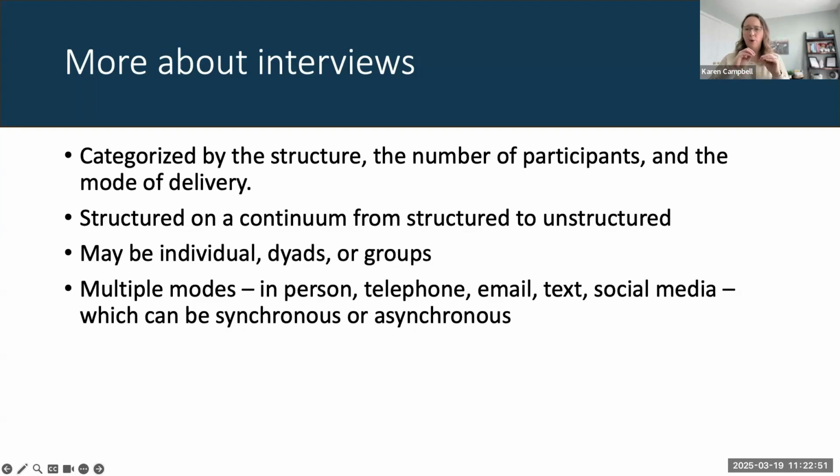And when you're working with groups like dyads, you do want to think about how you're going to include those people. So if you're working with parents, are you interviewing parents together as a dyad? And if you are, how are you going to structure that interview so that you can encourage both parents to have the opportunity to speak?